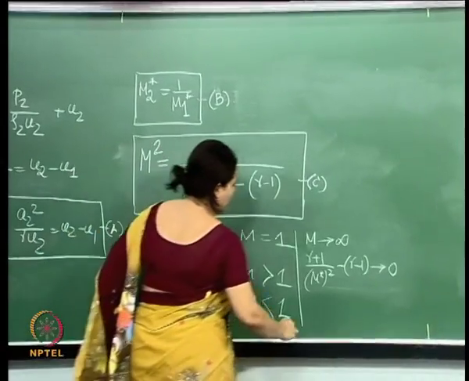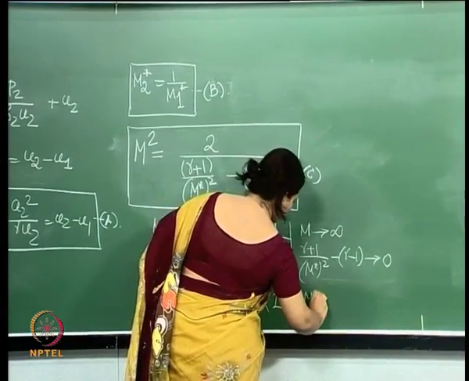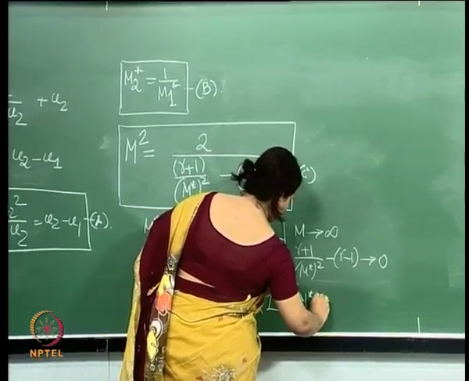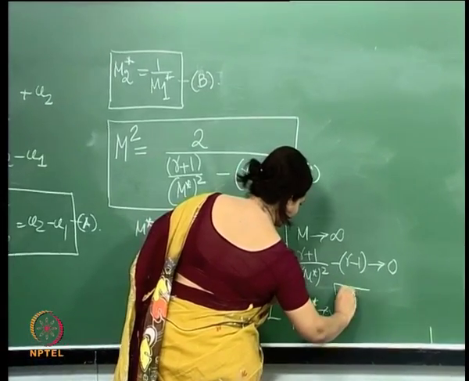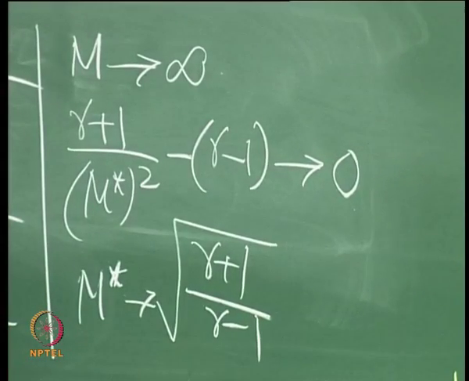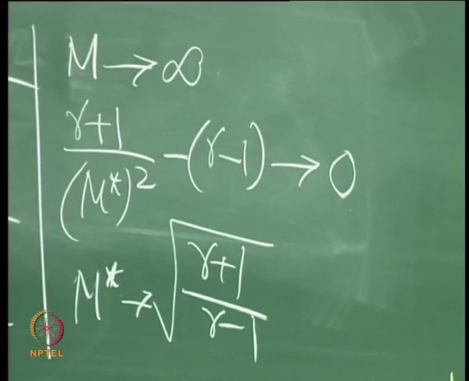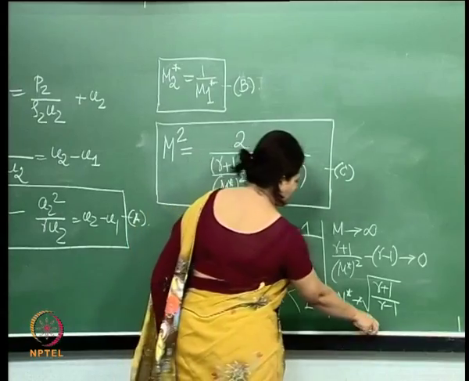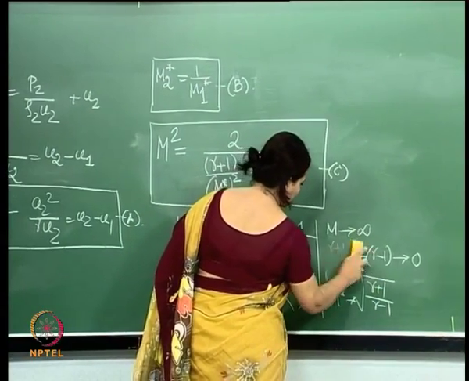If that is true, then basically from here m star tends to, okay. So, this is what we get from here.